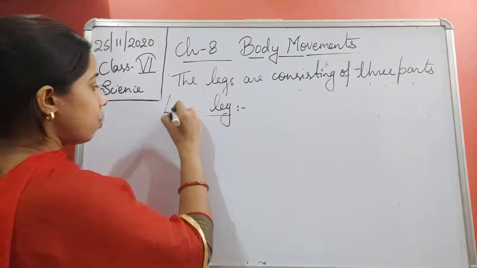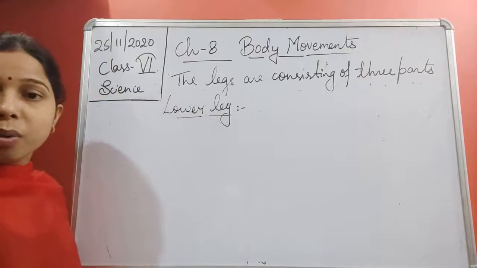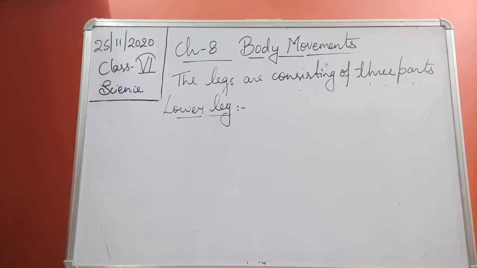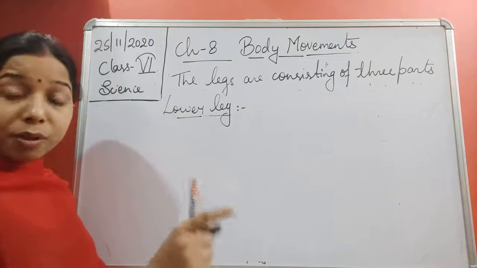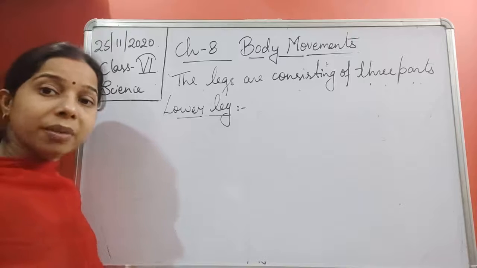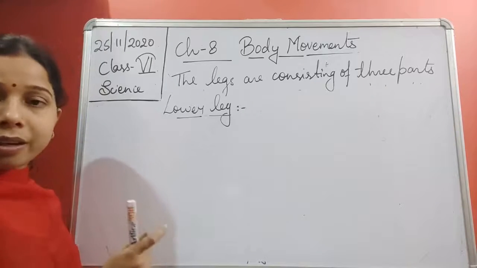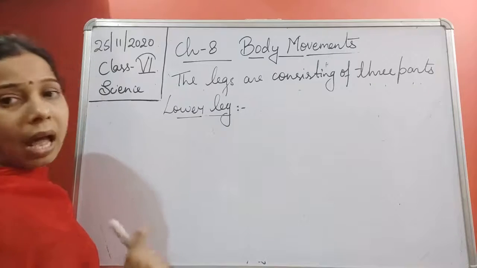So next one is the lower leg. The upper leg is over, now the lower leg. The lower leg is from the knee to the ankle, because in the first case, the upper leg is from the hip to the knee. So obviously the lower leg will start from the knee to the ankle.